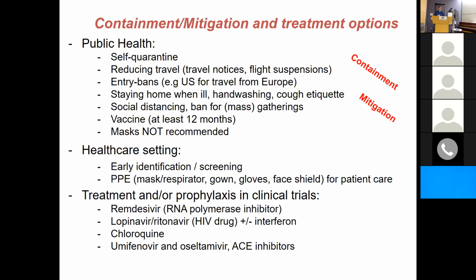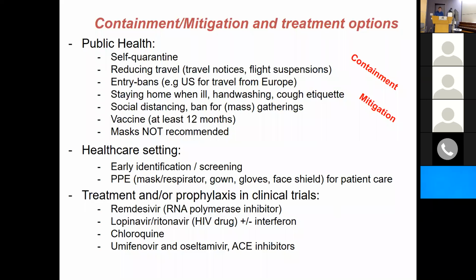Because you will have people coming in who may be infected, are incubating, may already transmit it. And this, of course, applies to the public health measures as well. These are the people you wouldn't isolate and can continue to spread this.